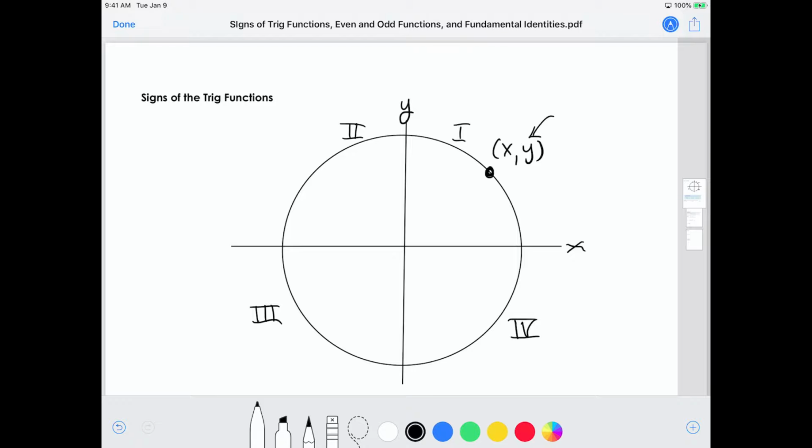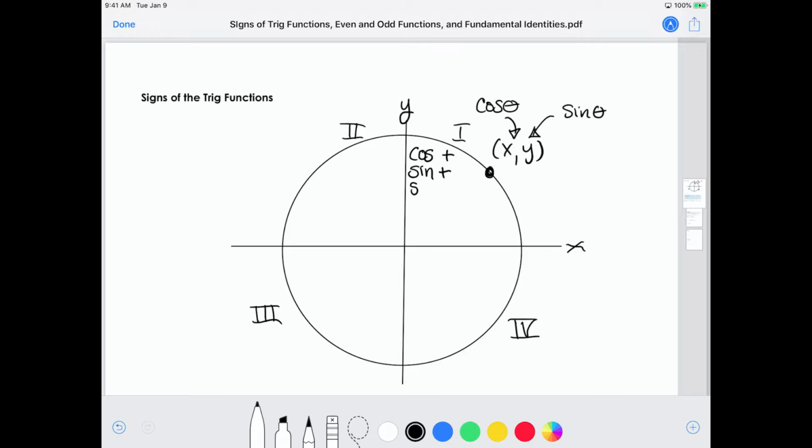If you recall, my y value is equivalent to the sine of that angle, and my cosine of that angle is equivalent to the x value of that ordered pair. So when I'm sitting in the first quadrant, my cosine is going to be positive and my sine is going to be positive. Now we can derive the other trig functions using sine and cosine. So we'll be able to figure out the signs of those trig functions.